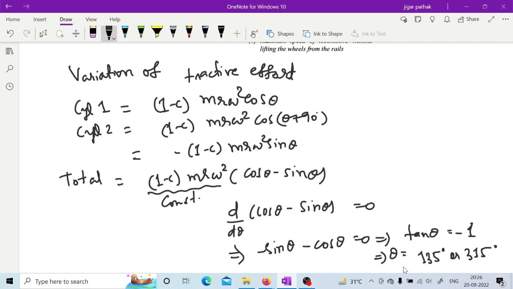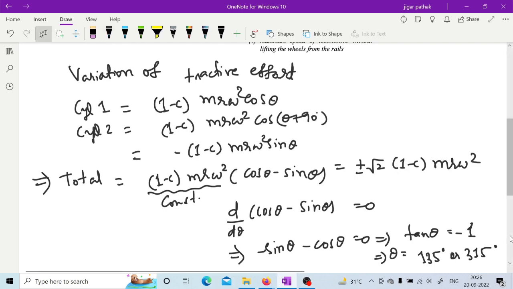So once you put the value of this theta into the equation of the total tractive effort or total variation of tractive effort, while putting theta equal to 135 or 315, you will get the final value as plus or minus root 2 (1 minus c) m r omega square. So this can be the maximum value of total variation in tractive effort.